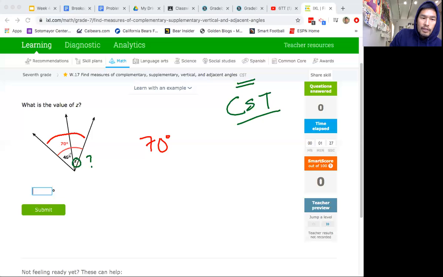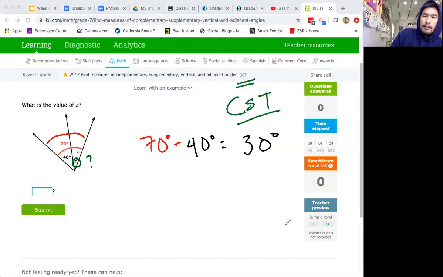And then we see that part of this angle is 40, and we're trying to figure out what goes in here. So the easiest way to do this is to just subtract 40 degrees from 70 degrees, and you're going to figure out what Z is, and 70 minus 40 equals 30 degrees.